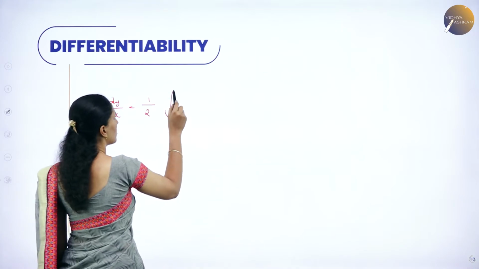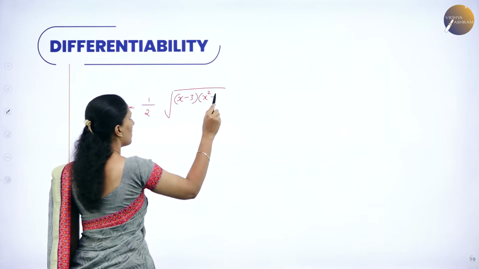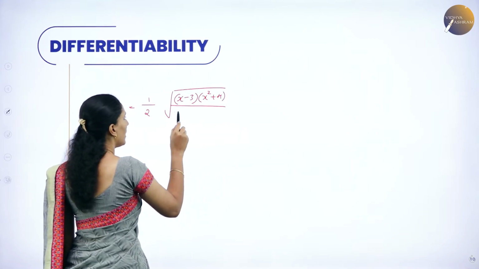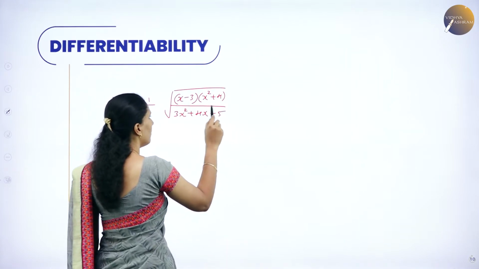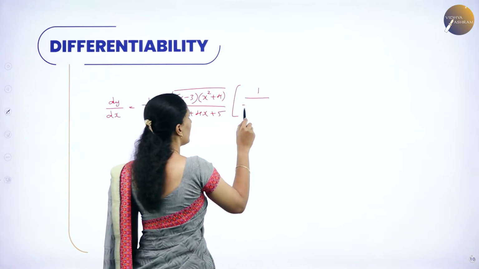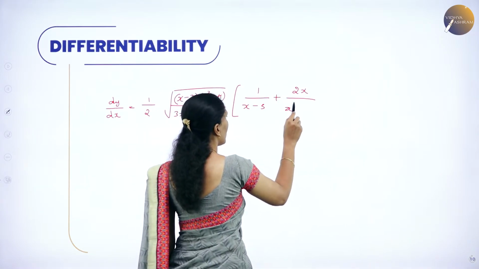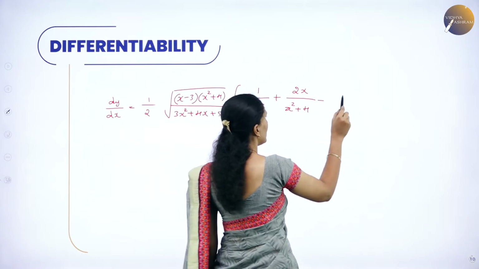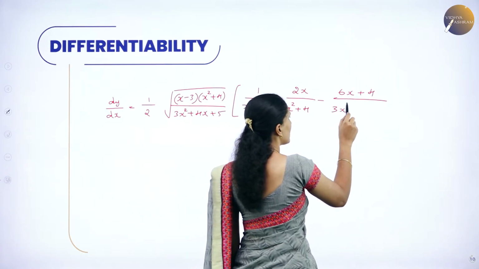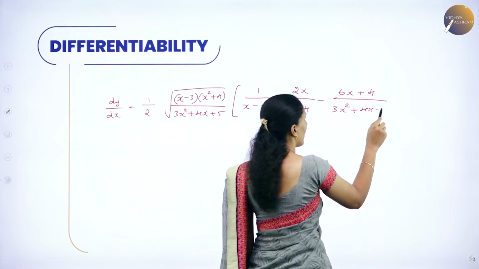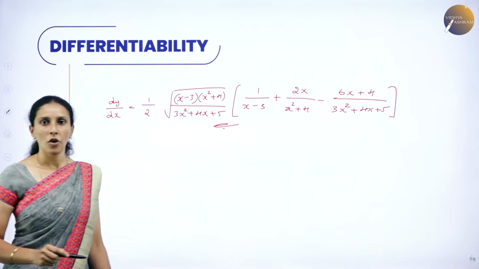That is square root of (x minus 3)(x square plus 4) divided by (3x square plus 4x plus 5), into [1 divided by (x minus 3) plus 2x divided by (x square plus 4) minus (6x plus 4) divided by (3x square plus 4x plus 5)]. So this is the derivative of the given function.